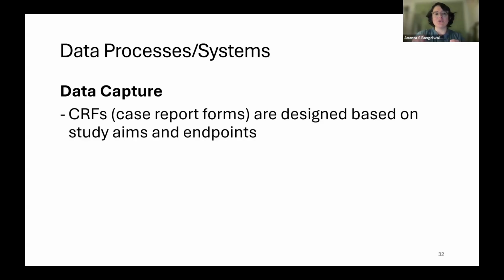For your study, you're going to design case report forms. These are the forms where you're going to document each of the things that you're going to measure throughout your study. The way these are designed is unique to your study. It's based on your study aims and your endpoints.